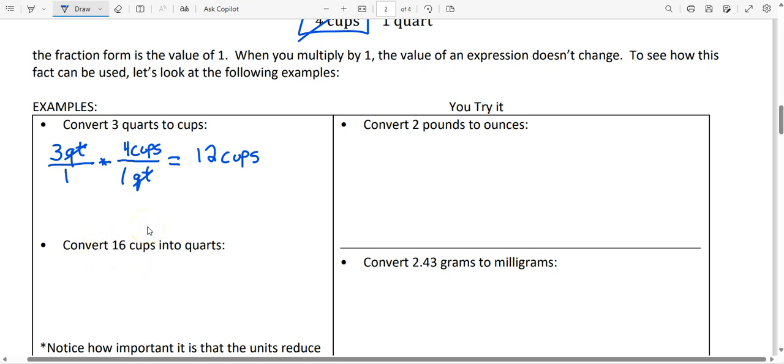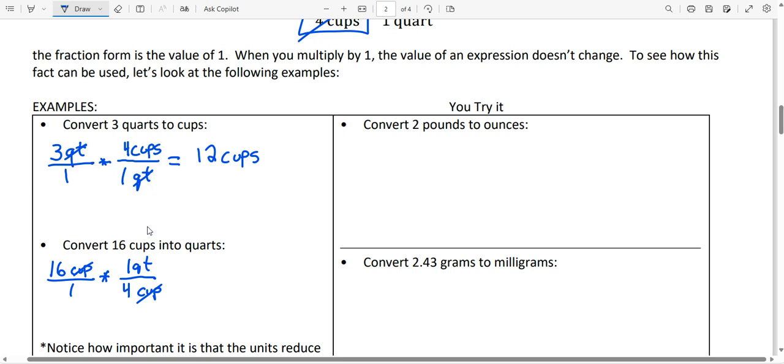Convert 16 cups into quarts. 16 cups over 1, multiply by. This time, since we're starting with cups on the top, we need to have cups on the bottom so that they will reduce. That gets us the 4 cups on the bottom and 1 quart on the top version.